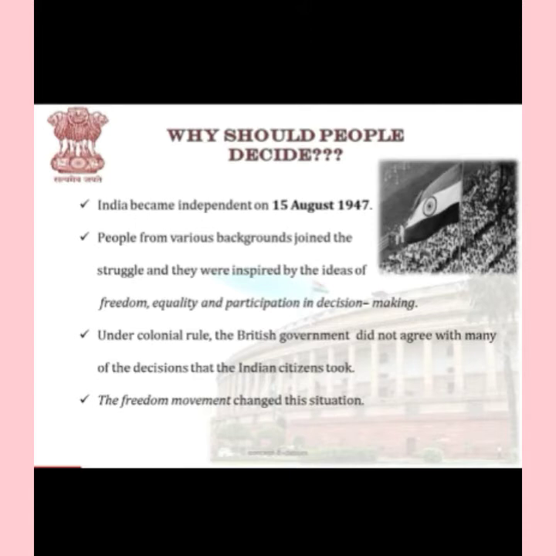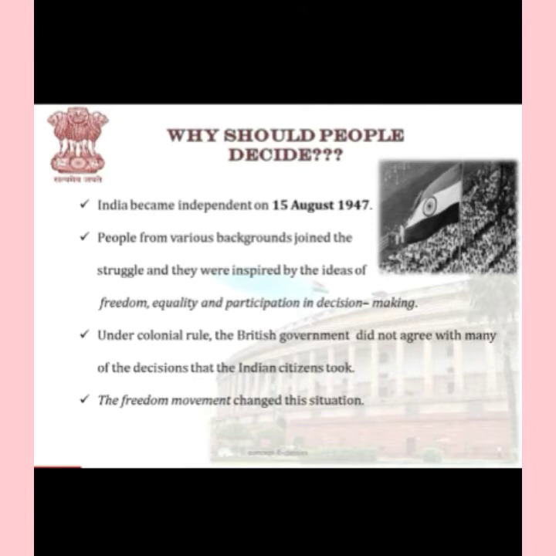Let us see. India became independent on 15th August 1947. The people from various backgrounds joined the freedom struggle and they were inspired by the ideas of freedom, equality and participation in decision making. Under colonial rule, the British government did not agree with many of the decisions that the Indian citizens took.